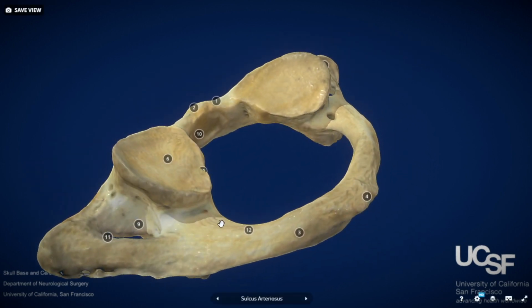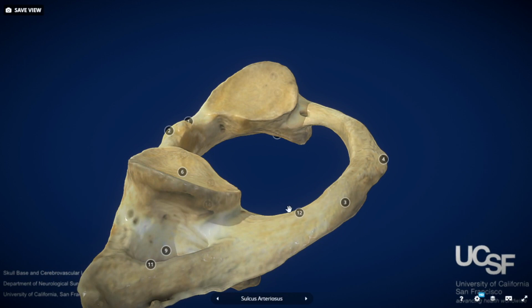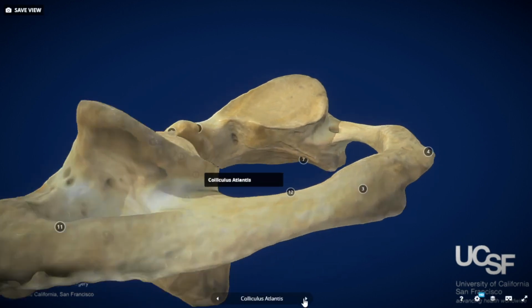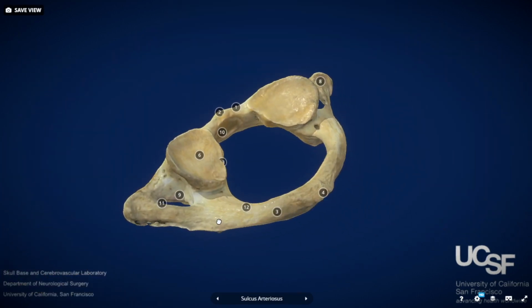Around 32 to 37% of the time there could be a bony bridge covering the artery called ponticulus posticus.